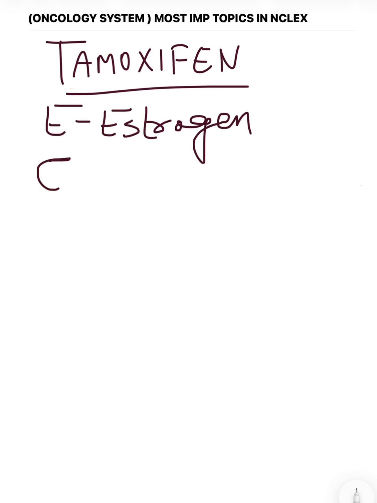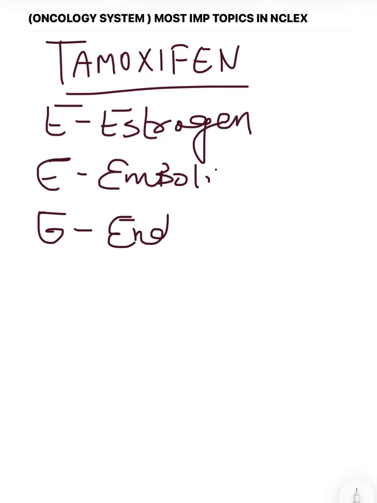First E stands for estrogen. Second E stands for emboli, that is clot risk. And third E stands for endometrial cancer.